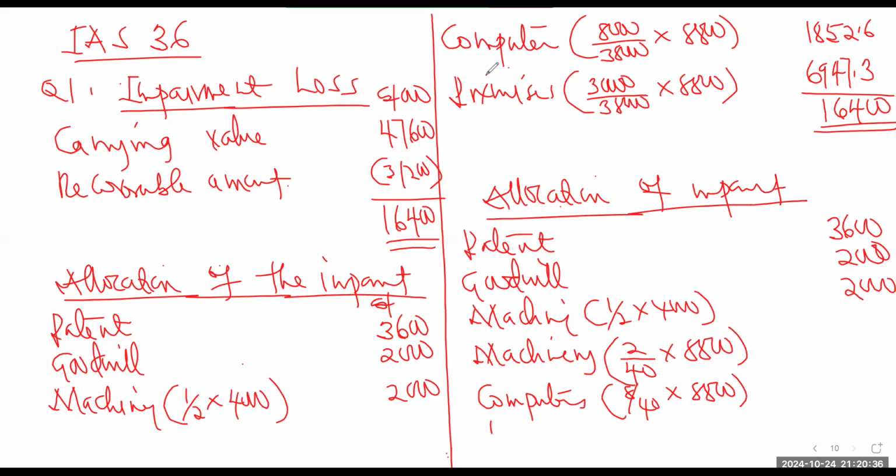Then we now have premises to be 30 over 40 multiplied by 8,800. What are we having for each of them? You have 440 for machinery, 1,760 for computers.